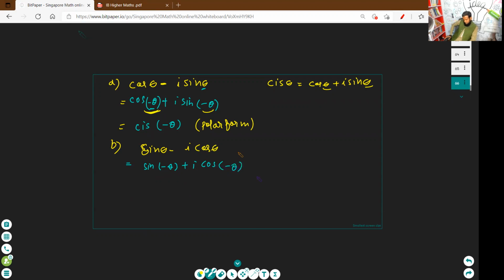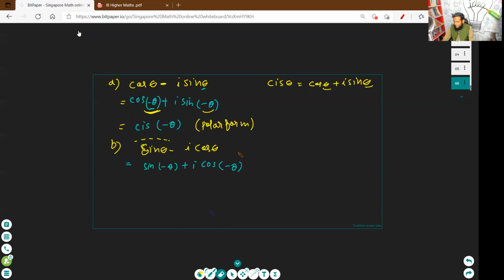Like that? No, wrong. We cannot write minus theta because it will be equal to minus sin theta, but here we have the positive sin theta. Okay, it's wrong.